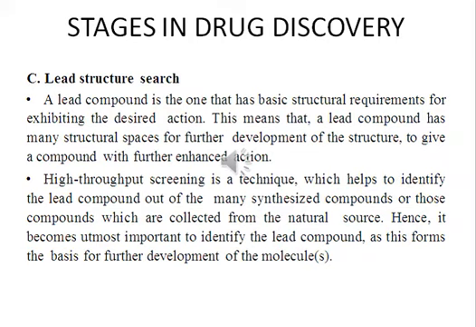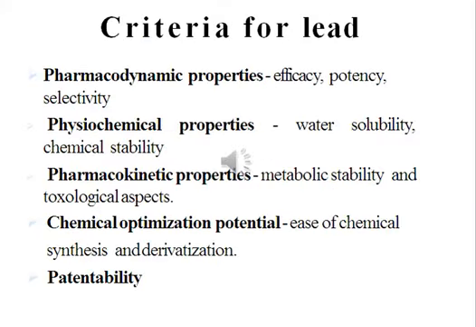So we have studied how we can discover the lead. Now we study the different criteria for a lead compound. The criteria for a lead compound involve that it should have optimum pharmacodynamic properties, right? It means the lead should have maximum efficacy, maximum potency, and maximum selectivity. Selectivity means selectivity for the target.